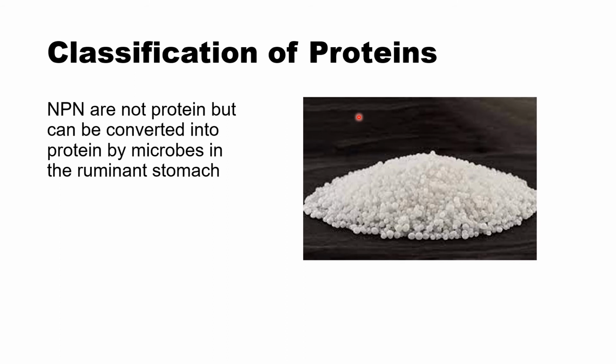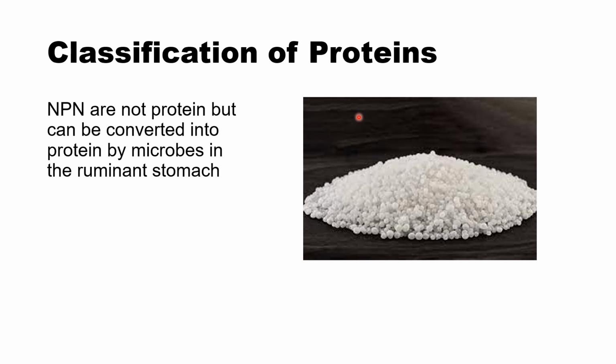Kasi yung kino-convert nilang protein nitong mga microbes na galing dun sa NPN, pwedeng ma-absorb ngayon ng ruminant. Pwedeng ma-absorb mismo ng ruminant yung mga ginagawang protein ng mga microbes na galing dun sa NPN.